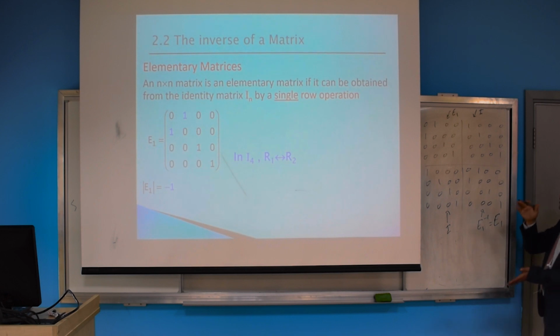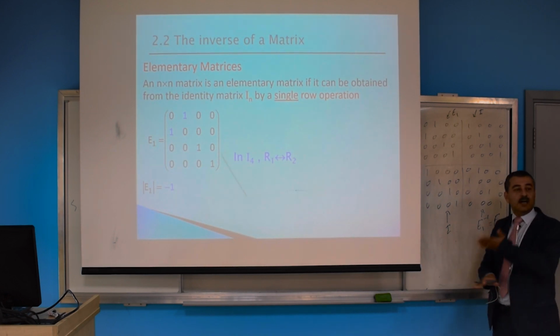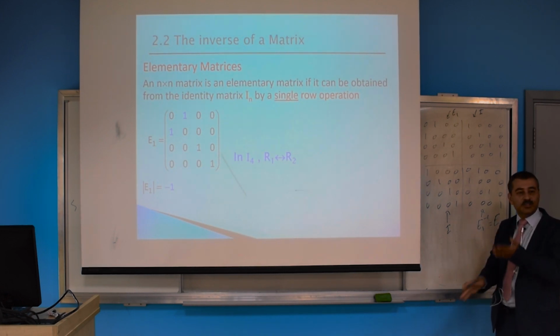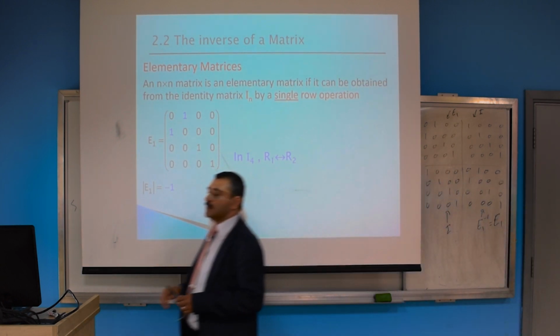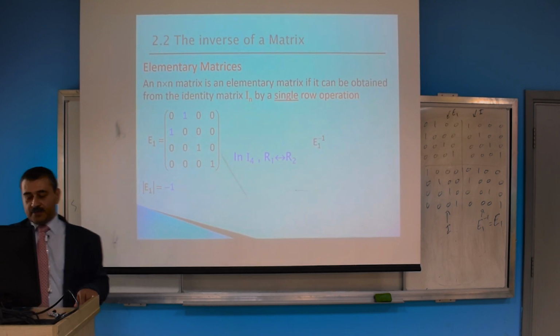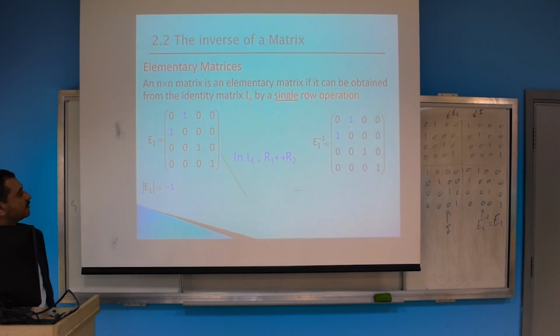So actually we interchange the first two rows in I to get E1, interchange them back to get I again, right? So the inverse is itself. Okay.